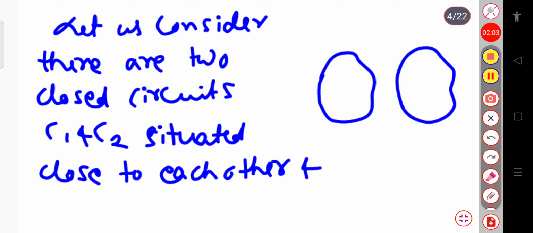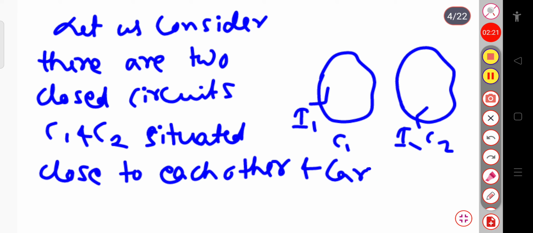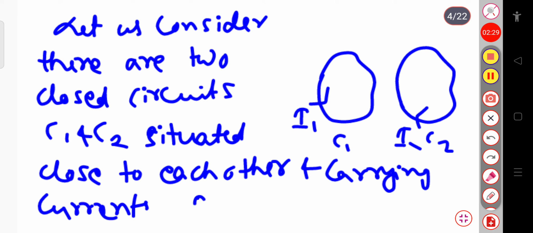Suppose the current in the C1 coil is I1 and the current in the C2 coil is I2, carrying currents I1 and I2 amperes respectively.